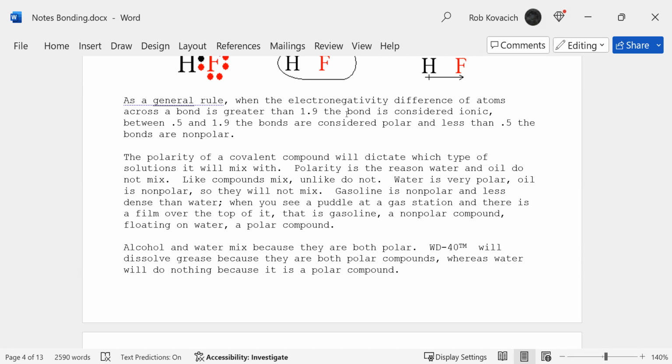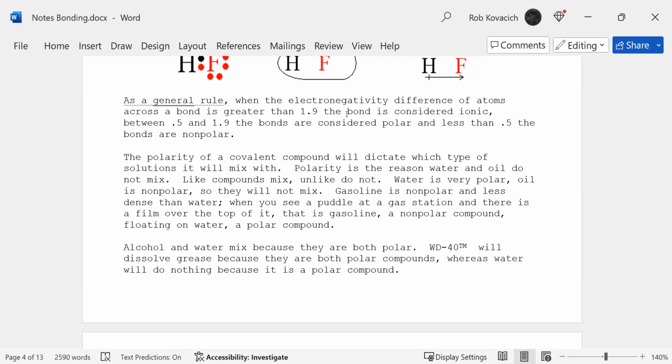They're both polar, but neither one of them is going to mix well with WD-40. WD-40 is very good at removing grease off of a bicycle chain because the grease is nonpolar and the WD-40 is nonpolar. So you're using the WD-40 to wash away the grease because they're dissolving into each other. That's it. And it's because they're both nonpolar.